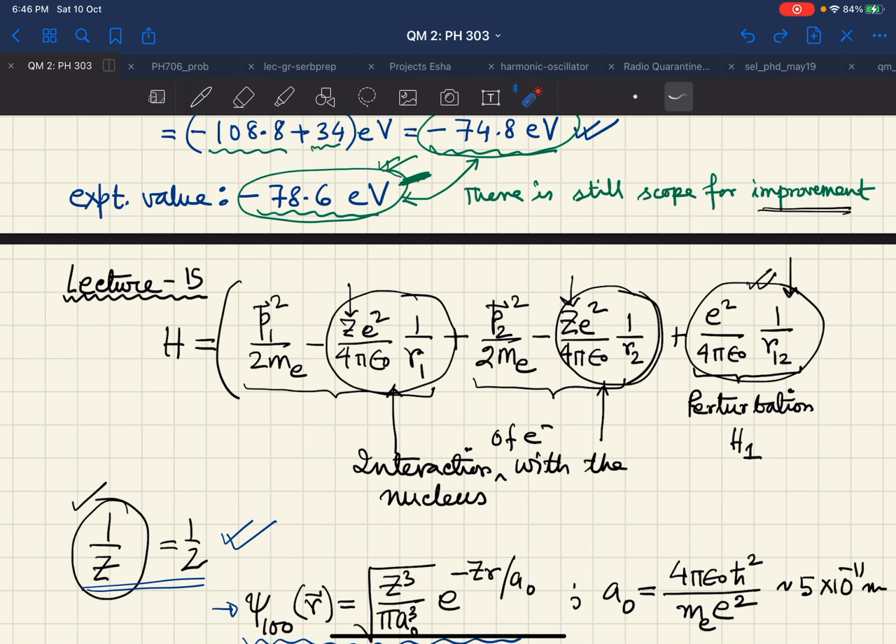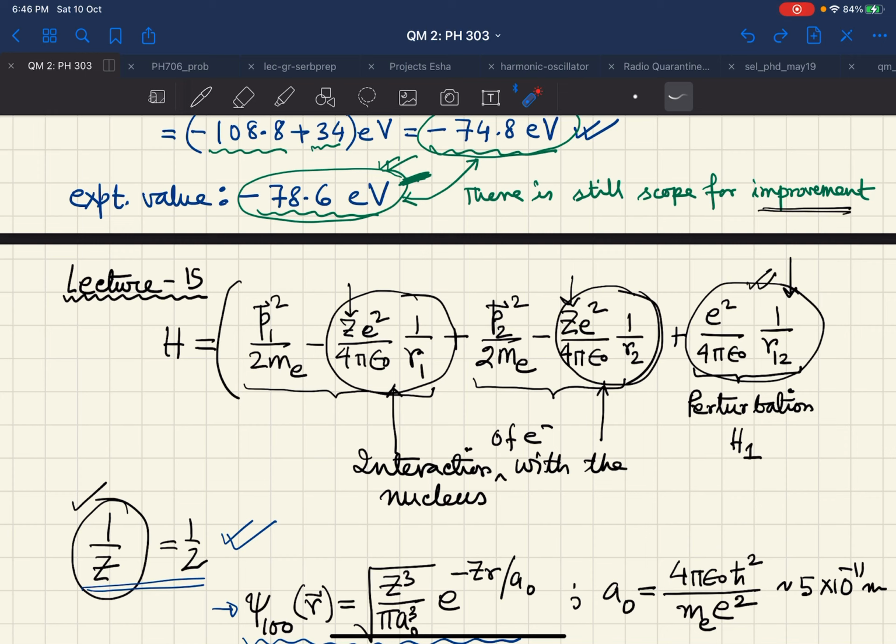So this is what we should hang all our hope upon. The perturbation expansion should be an expansion in 1 by Z, because that is what differentiates between these terms and these terms.